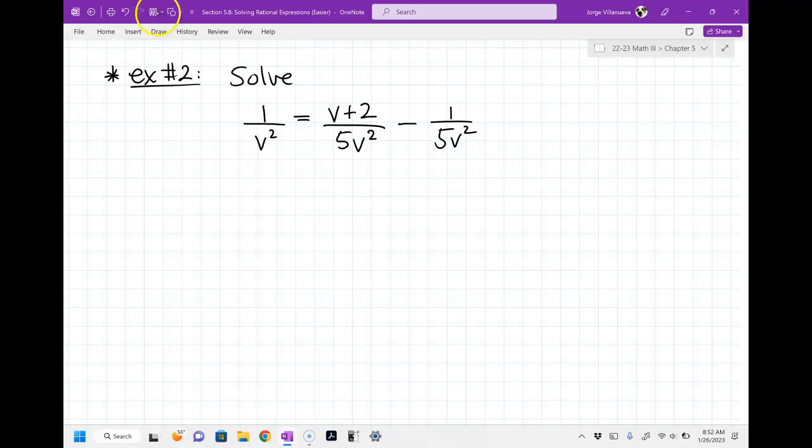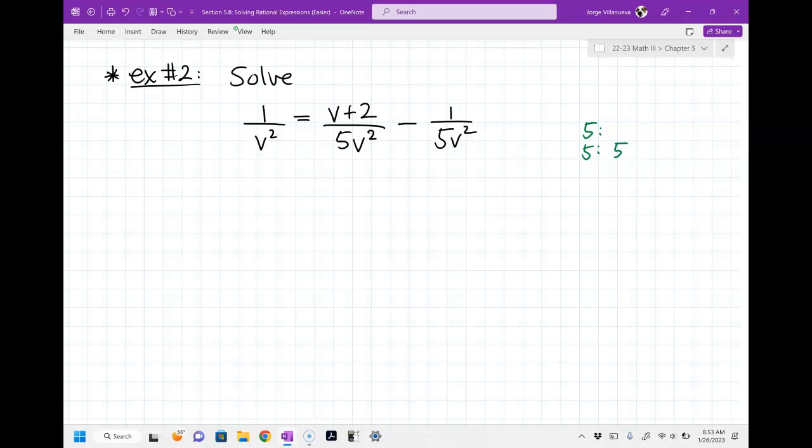So I got to find the LCM. So again, I'm going to do a little bit of scratch work. So let's list the numbers on the bottom. So I have a 5 and a 5, right? So start with the biggest one. Well, they both match, so I'll start with 5.